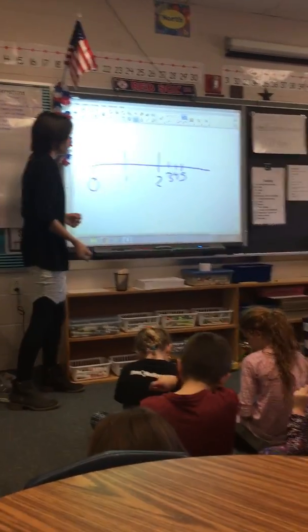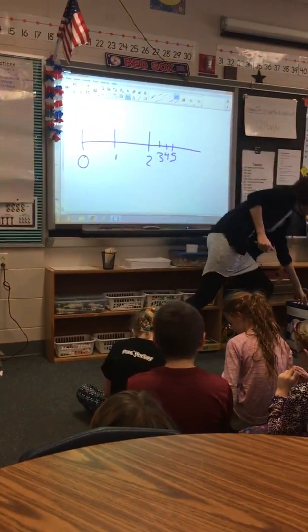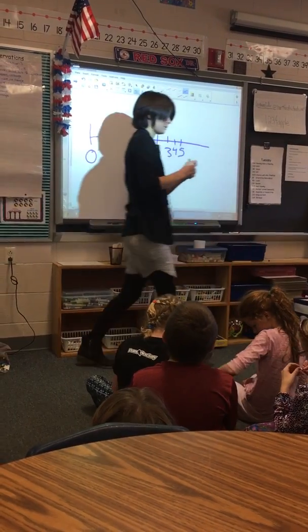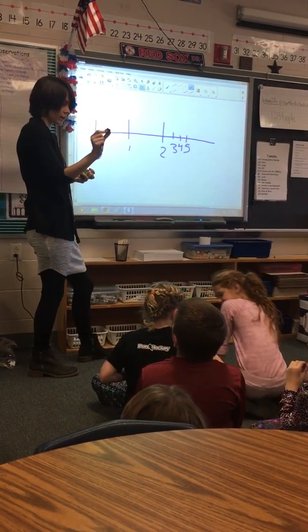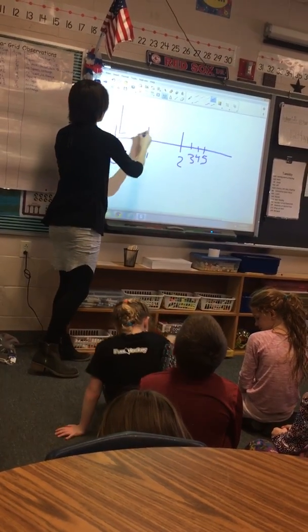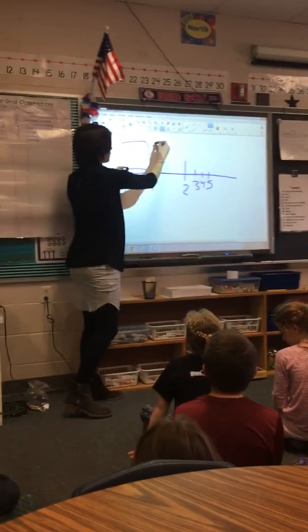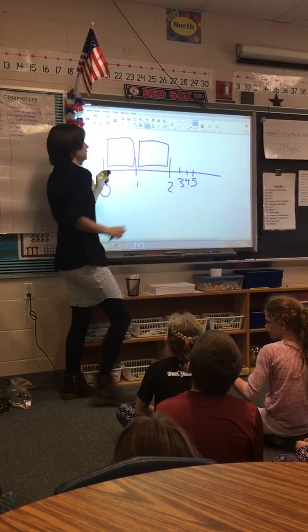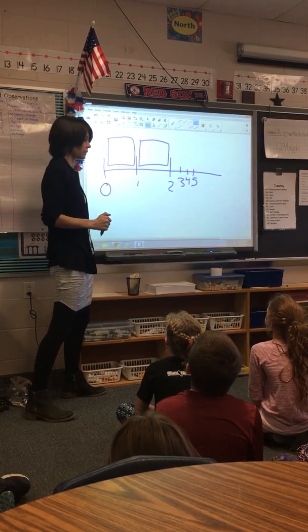So if when we use our blocks, we have one block. It represents one number. So if I draw my block up here, I should be able to fit a block in each space between the numbers.